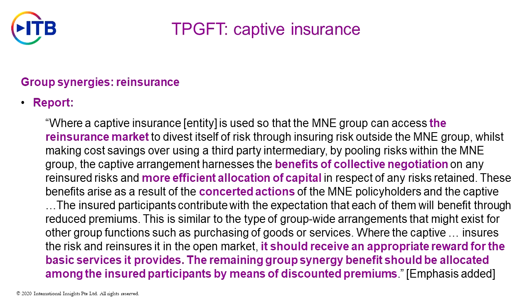Where the captive insures the risk and reinsures it in the open market, it should receive an appropriate reward for the basic services it provides. The remaining group synergy benefit should be allocated among the insured participants by means of discounted premiums.